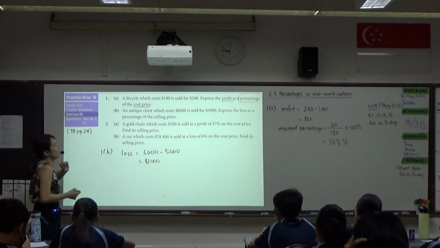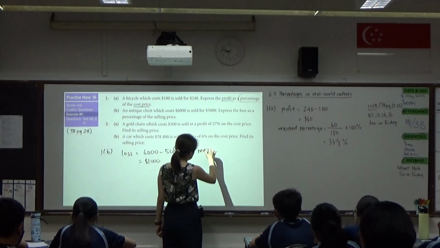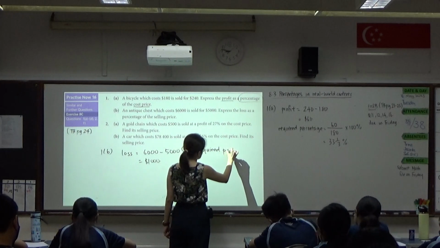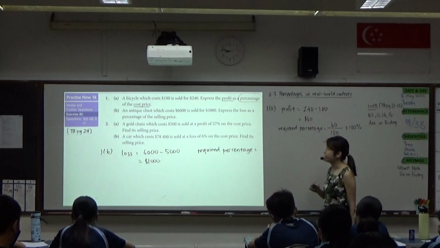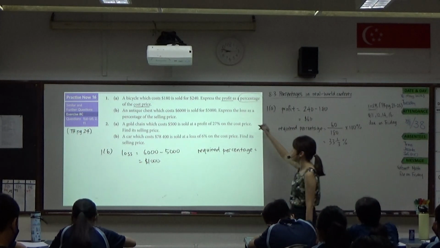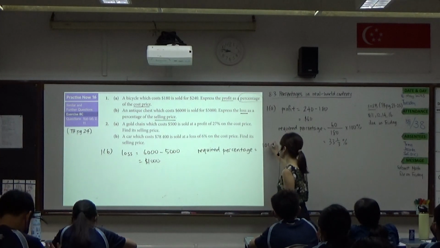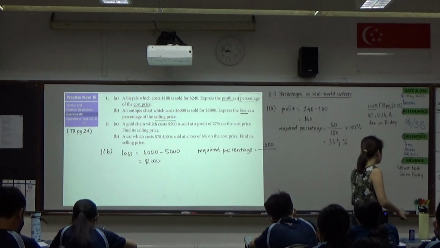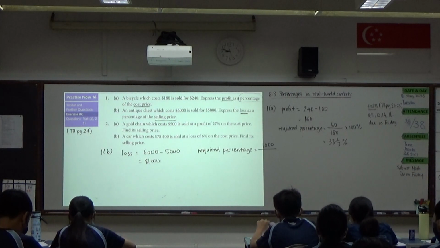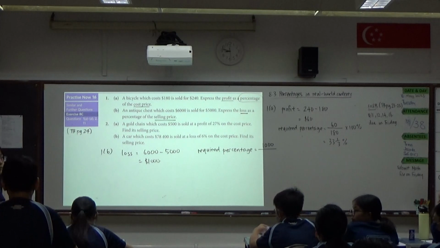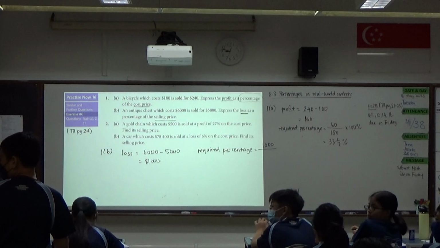Then we want to find out what the percentage is. The required percentage is now to take the loss as a percentage of the selling price. So it will be $1,000 over the selling price, which is, what is the selling price?